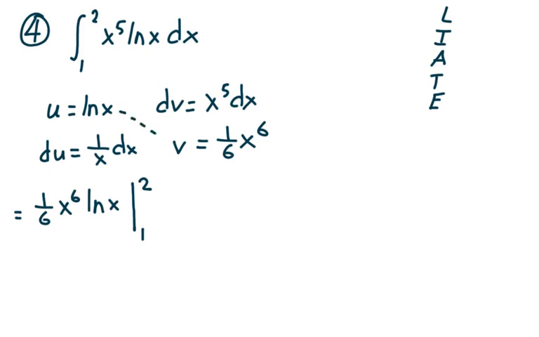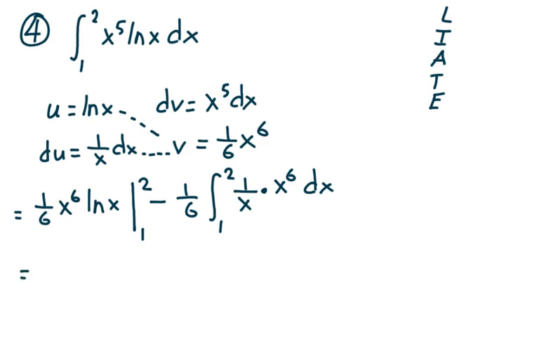That's my uv. So when you have a definite integral, it needs to look like this. And I'm going to go minus. I'm going to pull that 1/6 out in front. I'm going to integrate from 1 to 2. Do not ignore the limits, okay? And then I'm going to get 1 over x times x to the 6th dx.